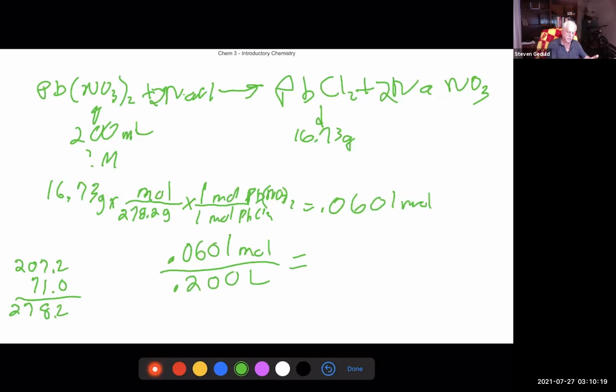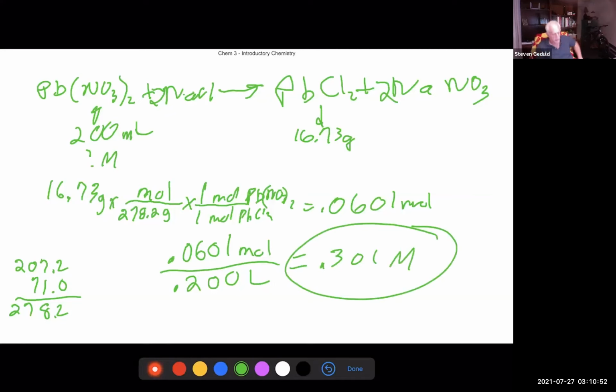So the molarity of that solution is 0.0601 divided by 0.2, which comes out to 0.301 molarity. You've calculated the number of moles at 200 milliliters, which is 0.2 liters, so we come out to 0.301 molarity for the solution.